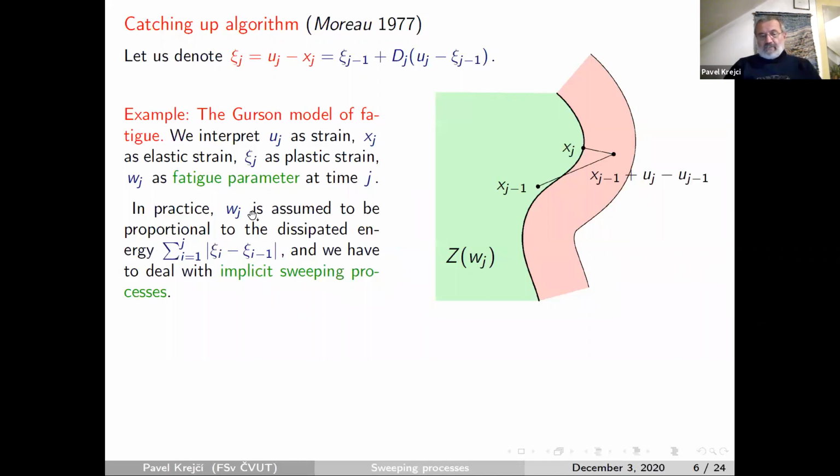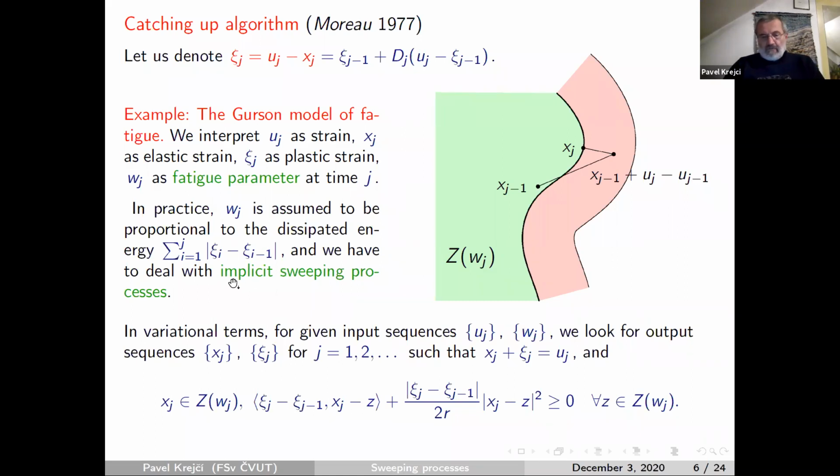So we will first study the sweeping processes for w given, and then I will show that under suitable assumptions, it is possible to solve the Gerson problem as it is originally stated, the fatigue measured in terms of the energy dissipation.